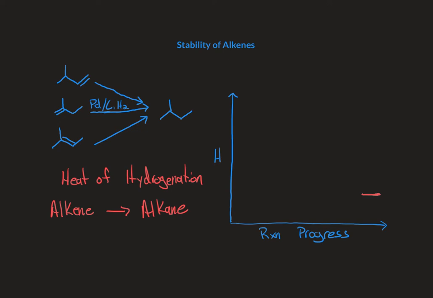And so if we look at a monosubstituted alkene, it undergoes a reaction coordinate diagram that looks something like that. And if we measure the heat of hydrogenation for this primary alkene, we get negative 30.3 kcals per mole.